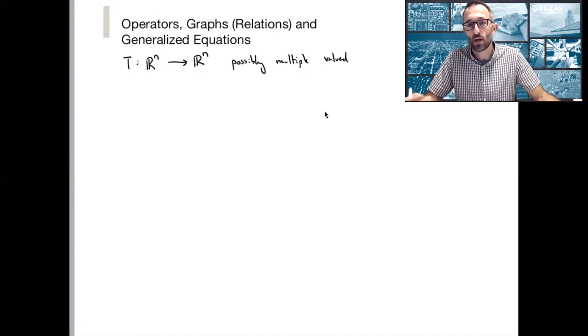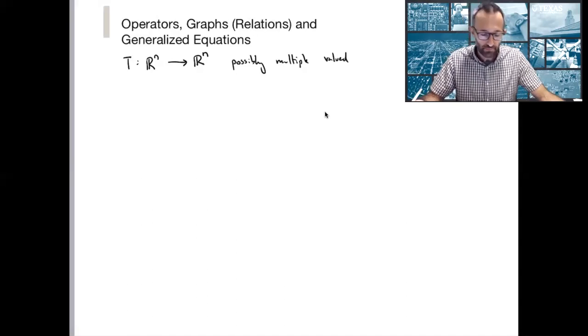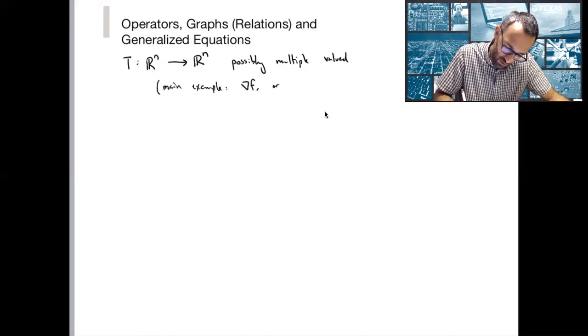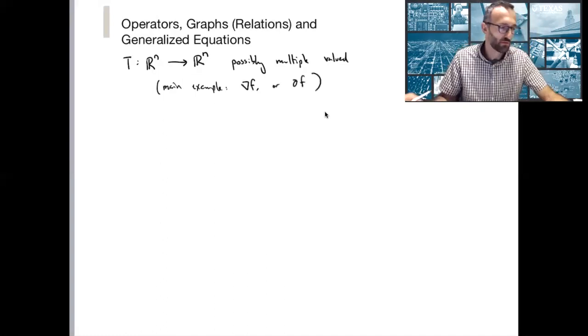If it's not differentiable, then we have its subdifferential, and at points of non-differentiability, the subdifferential is a set, so it is a multiple-valued mapping. Now, this is what we should be thinking of. Main example is the gradient of a function or the subdifferential of a function.